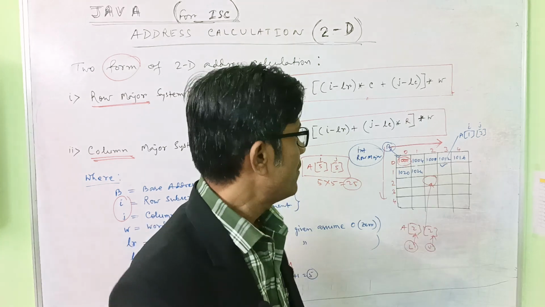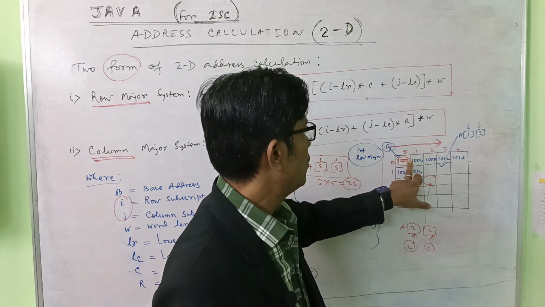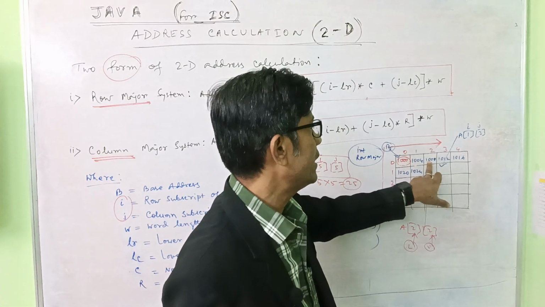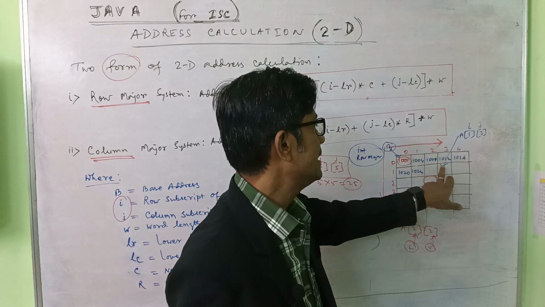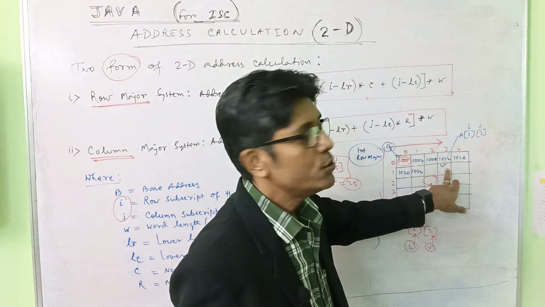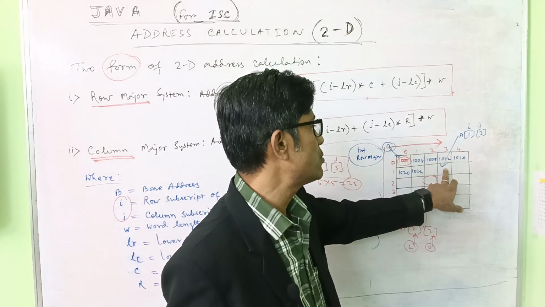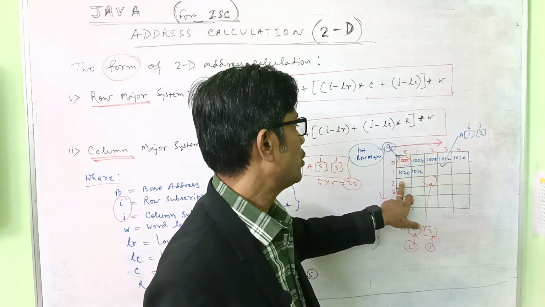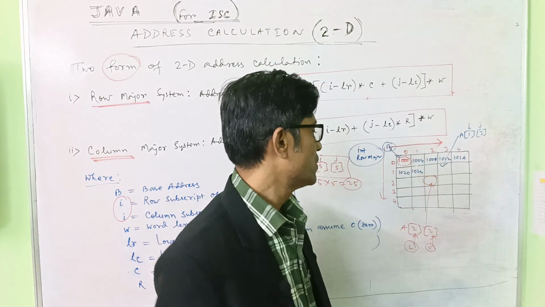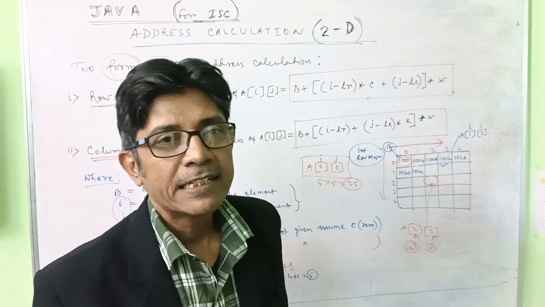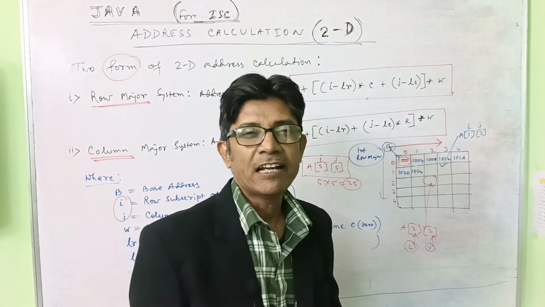If you follow 4 bytes, this is 1000, 1004, 1008, 1012, 1016, 1020, 1024, and so on. So you can understand the array address will be that calculated value.